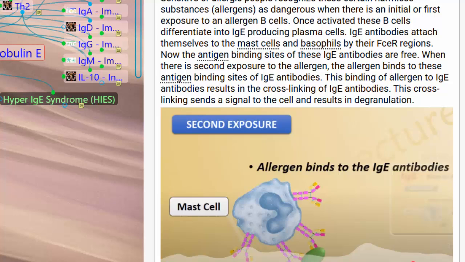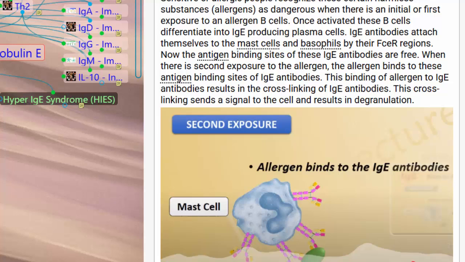The immunoglobulin E antibodies attach themselves to mast cells and also basophils by their FCER regions. Now, the antigen binding sites of these antibodies are free.